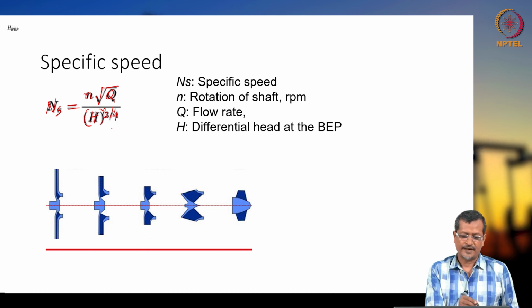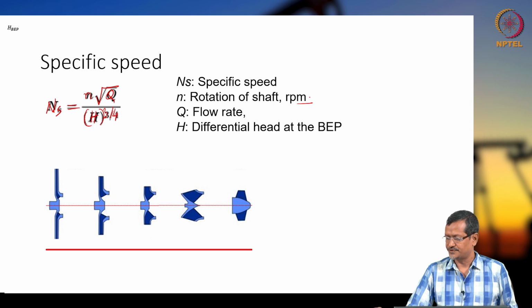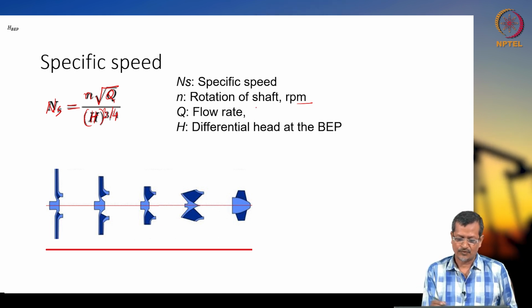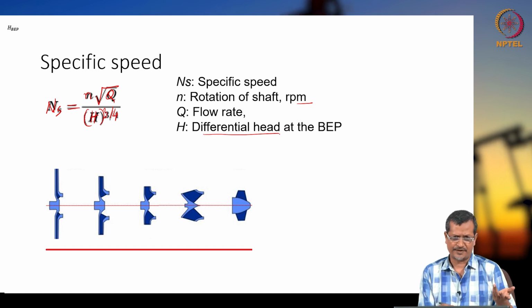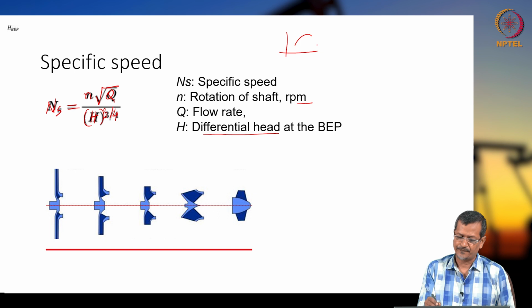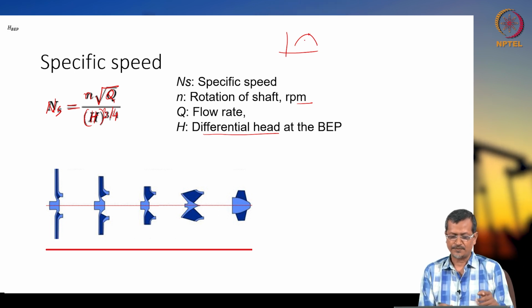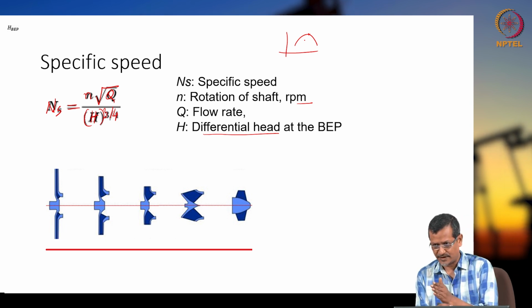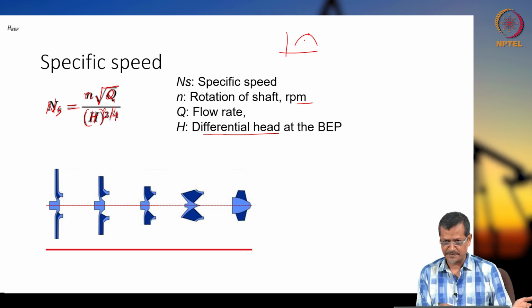N is the rotational speed of the shaft, normally in RPM, Q is flow rate, and H is the differential head at BEP, the best efficiency point, which I already told you about. From this specific speed you can check whether the pump falls under the centrifugal, axial, radial, or maybe positive displacement category.